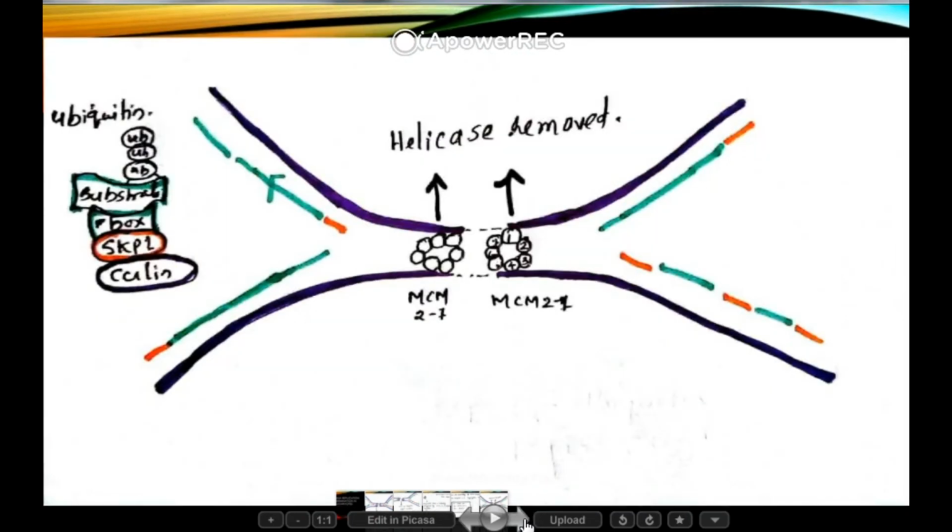You can see in this picture that the helicase is removed from the site and replication is terminated.